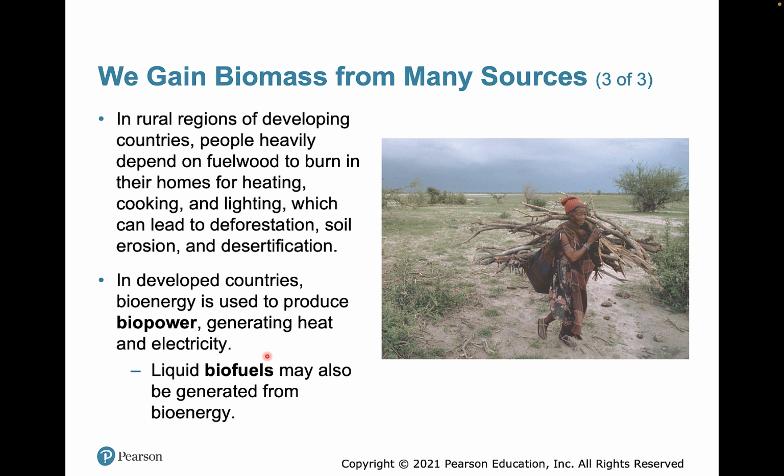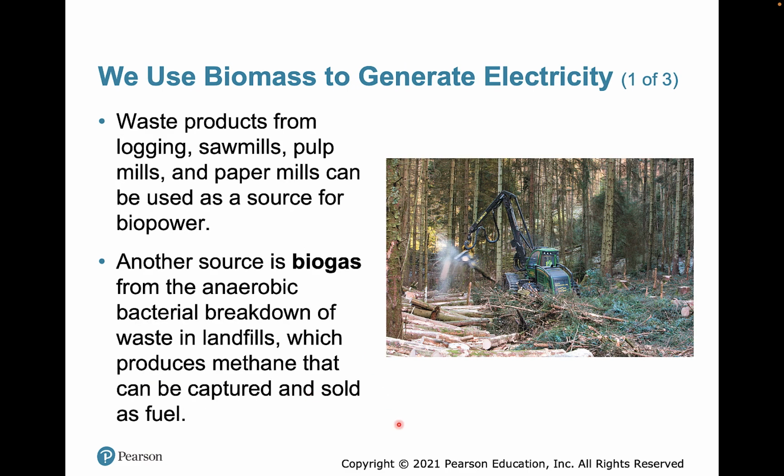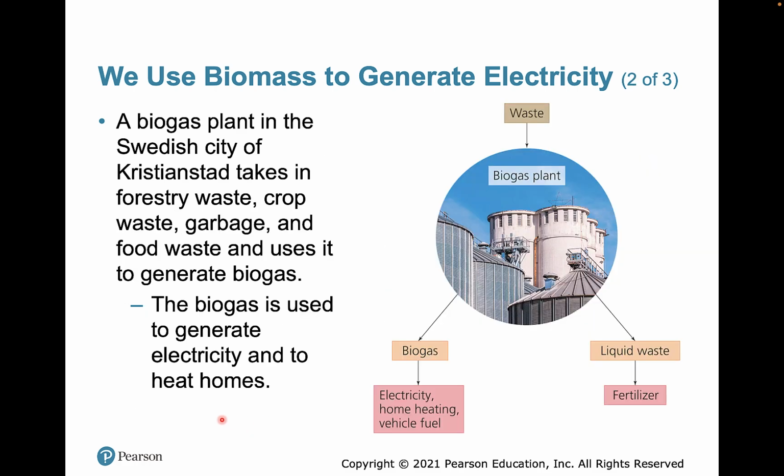In the developed countries, like ours, we use bioenergy to make biopower, right, to generate heat and electricity. We can also use biomass to create liquid biofuels, like ethanol and stuff that we talked about. You can use waste materials from logging, like these scraps, sawmills, pulp mills, paper mills. You can burn that as a source of biopower. And we talked about the biogas as well from decomposition.